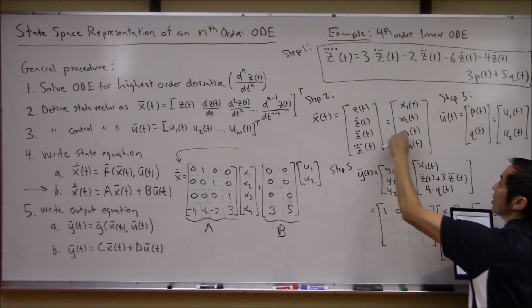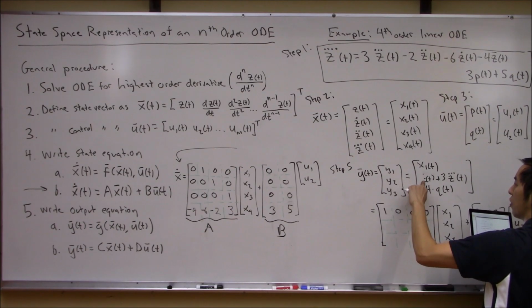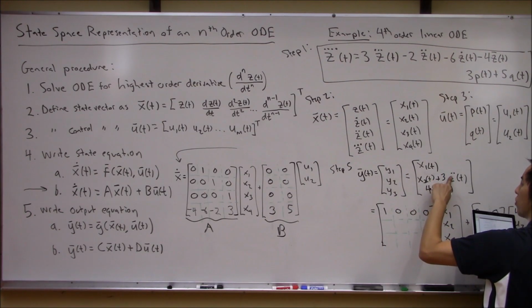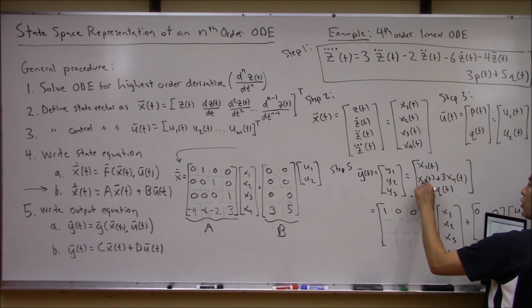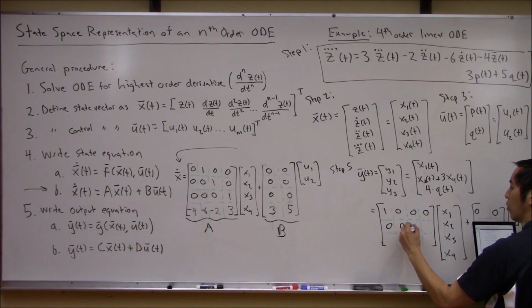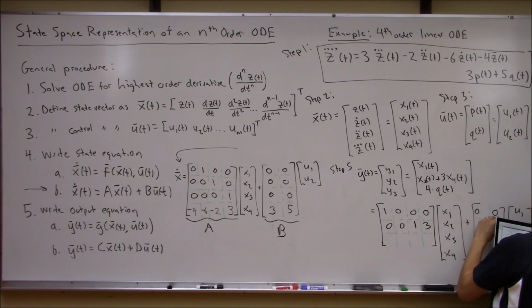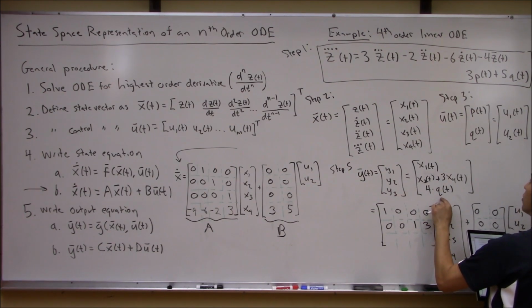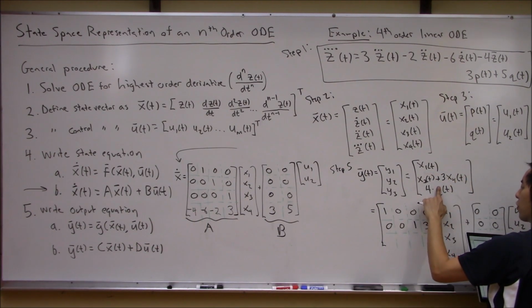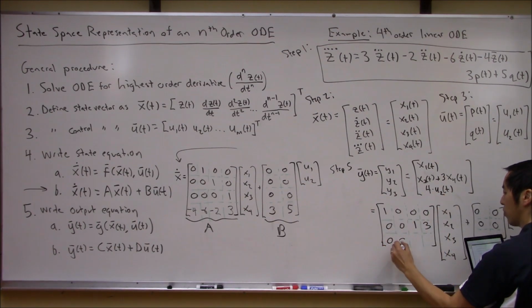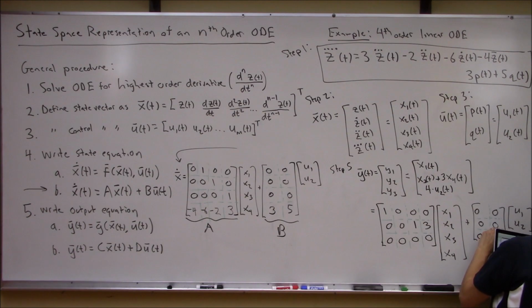Z double dot is just x3, and z triple dot is just x4, so the second line better read x3 plus 3 times x4. So I need a 0, 0, 1, 3, 0, 0. Does that make sense? And finally, the last line is 4 times q. Q is just u2, so the last line has to be 0, 0, 0, 0, 0, 4.